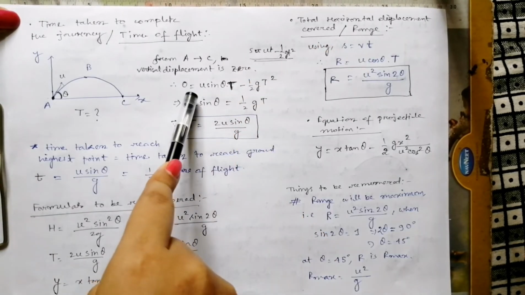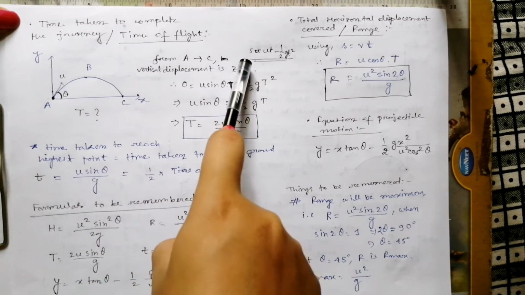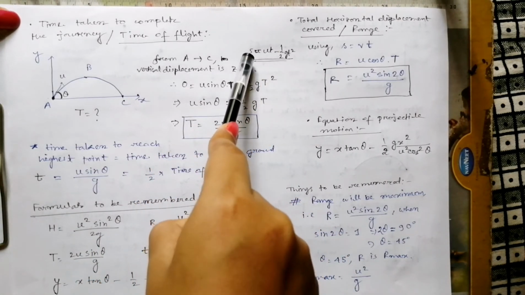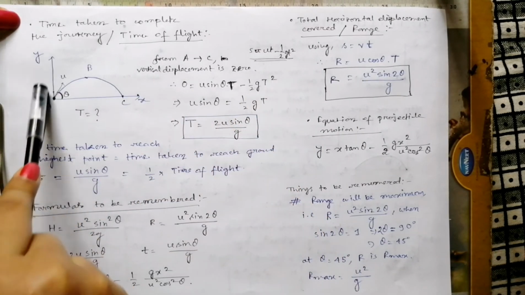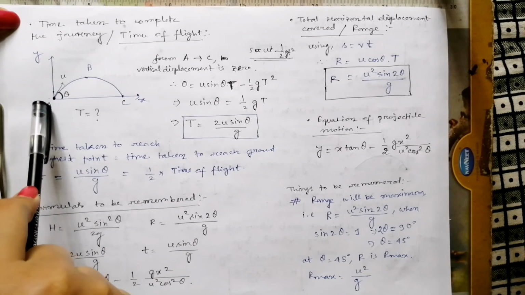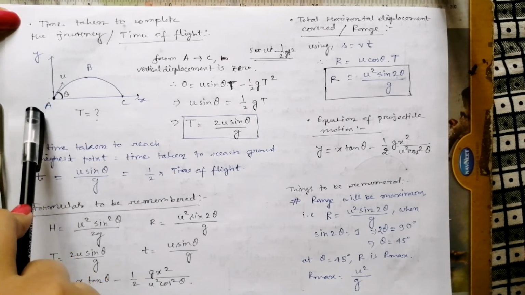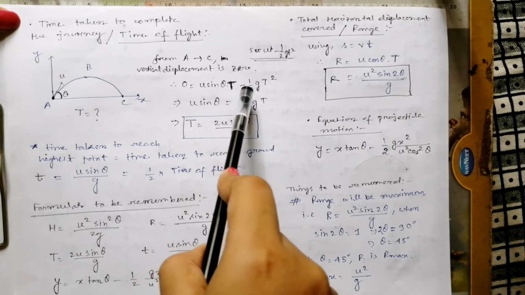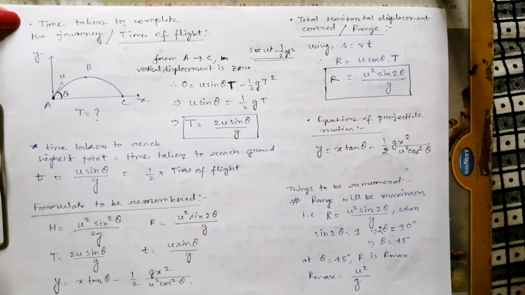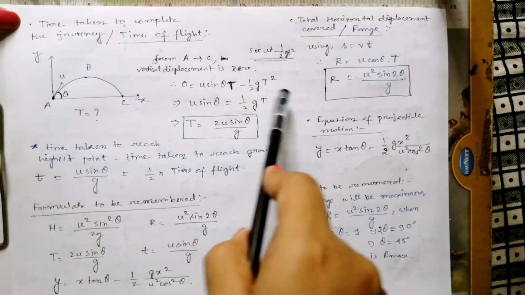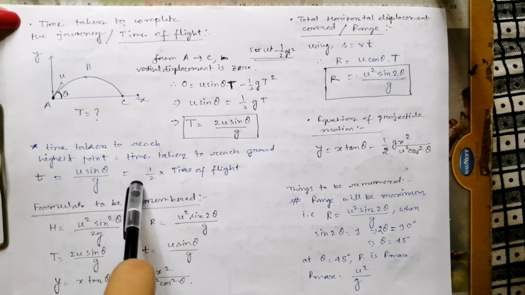As I told you that there is no vertical displacement, so in place of s I have put 0. What was u? U was u sine theta because I am talking about the vertical displacement. So initially the vertical velocity was u sine theta, and this time t, because I am talking about the total time, and half gt square, then what I am getting is t equal to 2u sine theta by g.